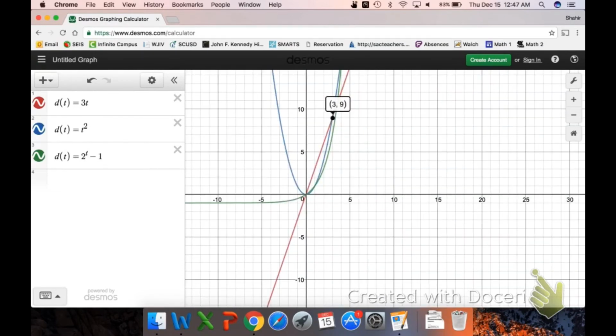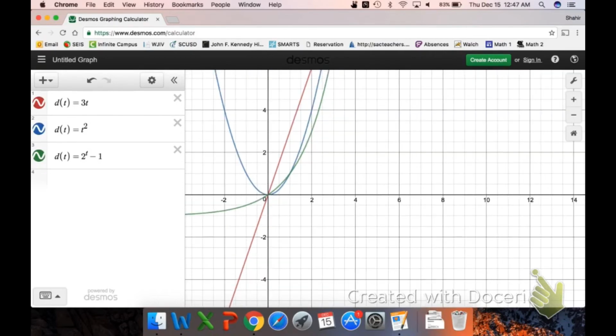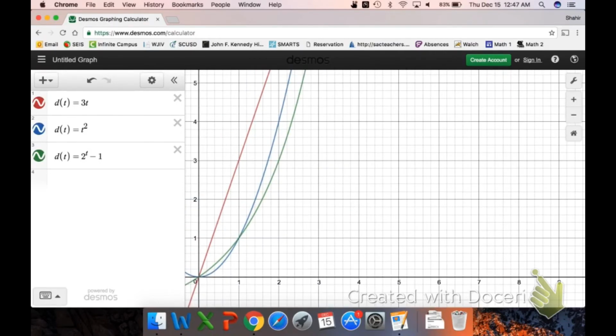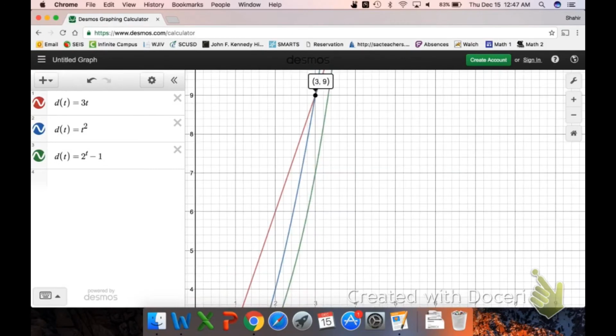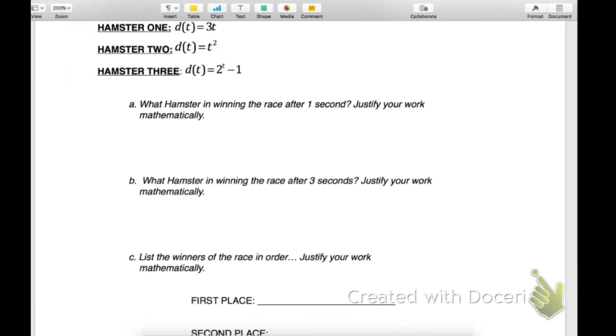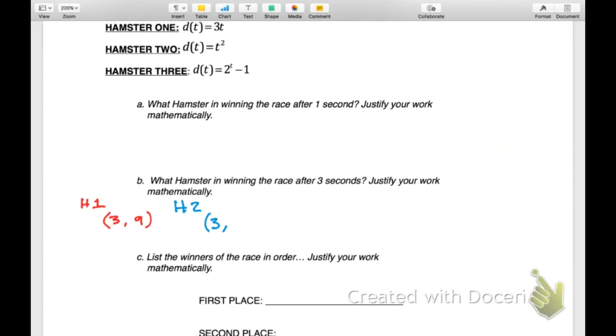Let's see, that's 1, 2, 3. 3 is right there, so we go up to blue. So he's also right there, tied with hamster number 1 at 9 meters. So again, we write it down. At 3 seconds, he's also 9 meters ahead.